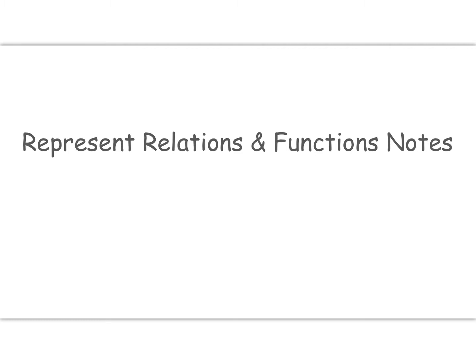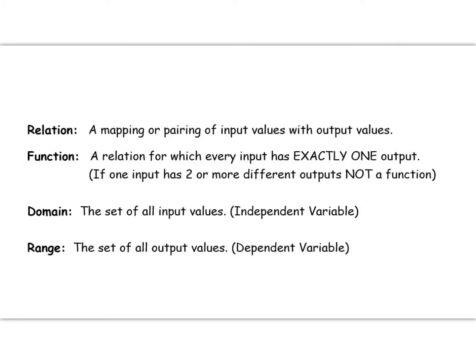So here we go. Let's talk about our definitions, the things we need to know. A relation is a mapping or pairing of input values with output values. We're going to talk about input and output a little bit later on this slide, if you're looking ahead.